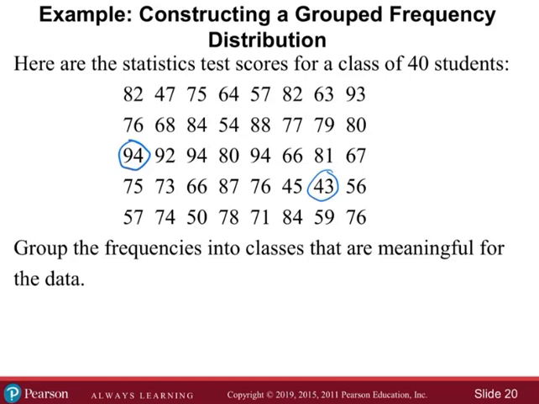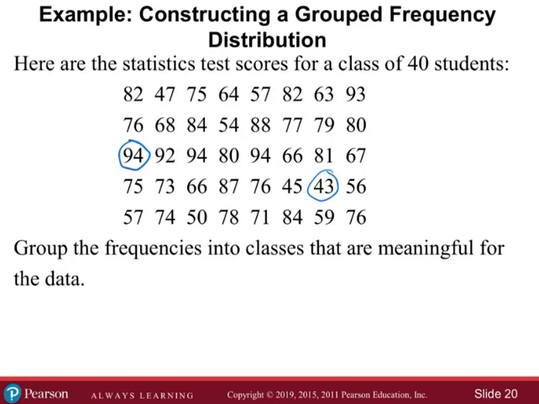Is there something higher than 94? Okay, I feel like this might be the max and the min. So if we group these into sets of 10s, we can go from the 40s to basically the 90s.